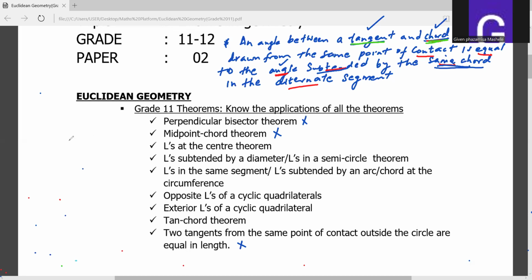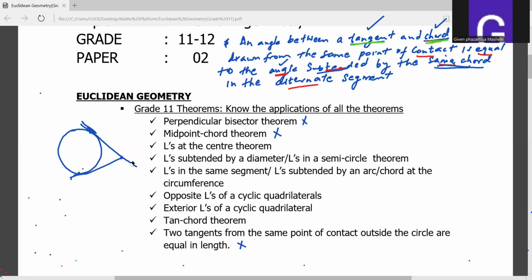So according to this theorem, it says whenever you have a circle, and you draw a tangent, and on the other side, also, you have a tangent, as long as these two tangents are drawn from the same point of contact outside the circle, then those two tangents are actually equal in length.